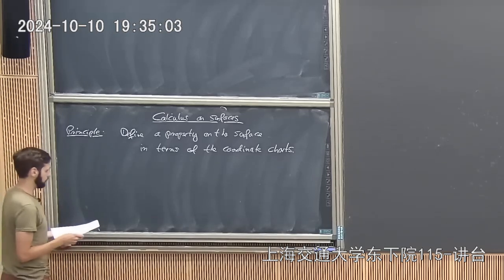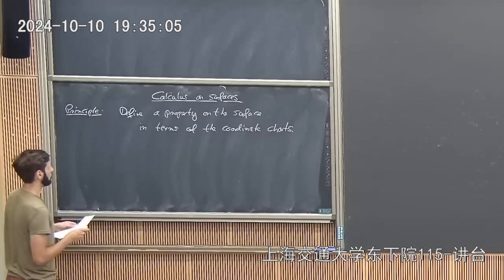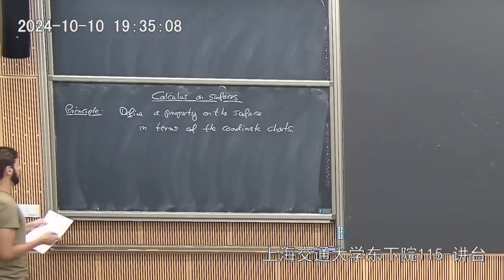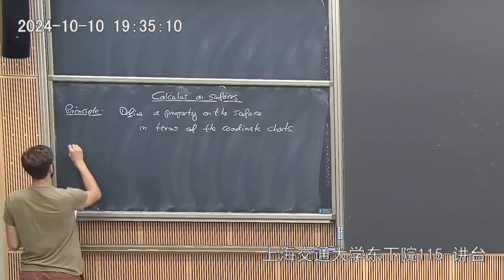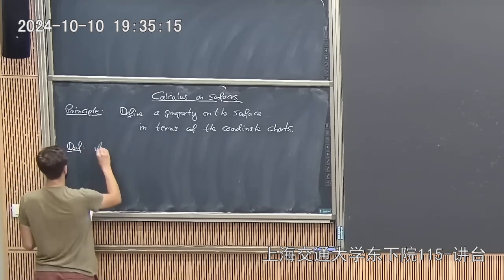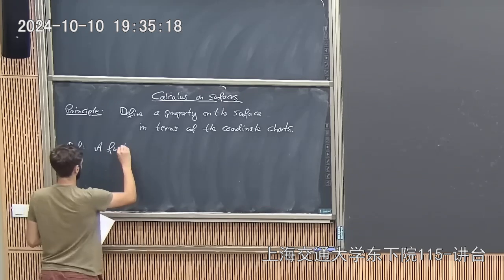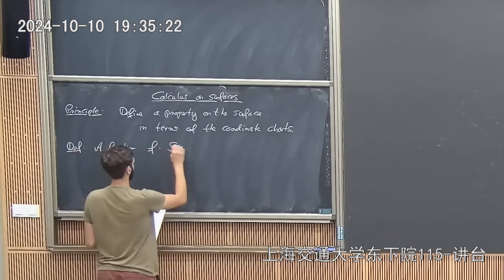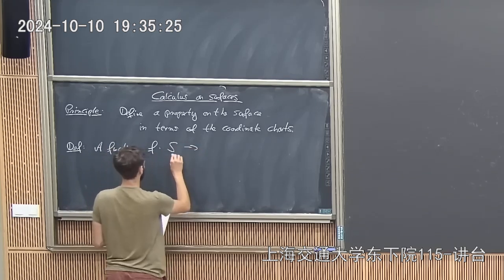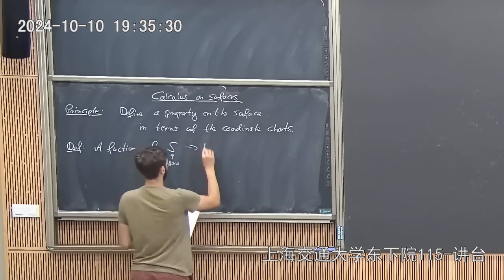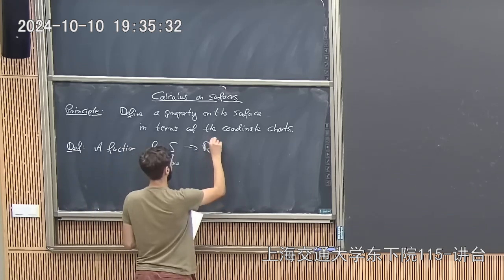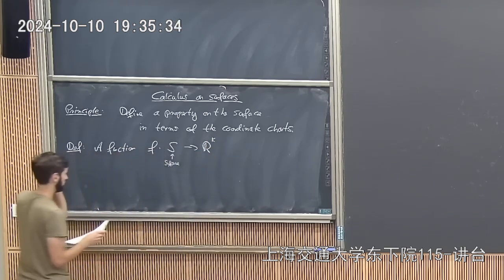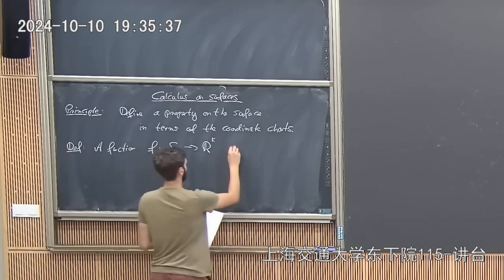An example of that is when we talk about what a smooth function is on the surface. Take a function defined on the surface, taking values in some R to the power k.